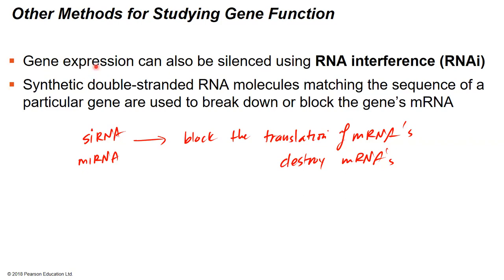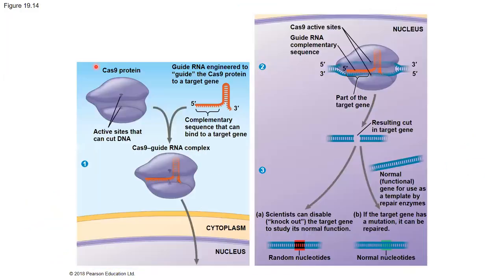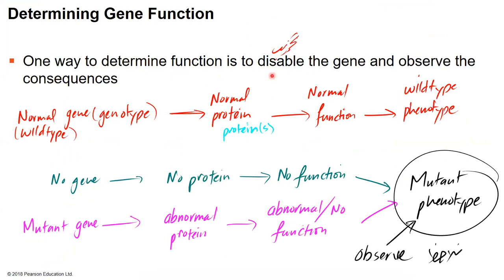Okay? Because remember, let me go back here. A normal gene will be converted into a protein by first being transcribed into mRNA, then the mRNA is used to make a normal protein. So we can also generate a mutant phenotype by using this strategy.